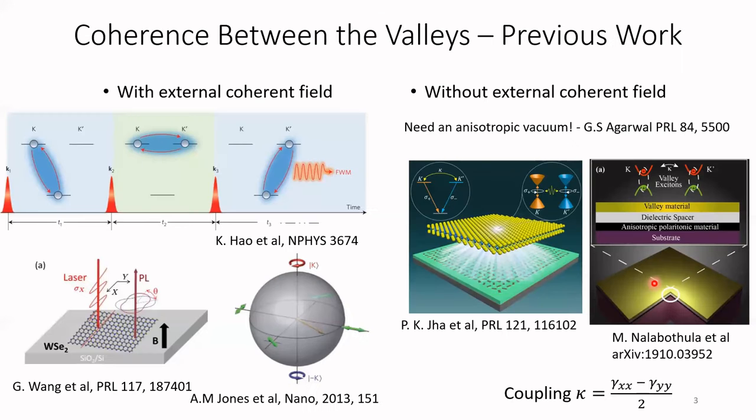So now the main focus: controlling coherence without an external coherent field is a relatively new direction to explore, at least for TMDCs. And it's only been explored for monolayer TMDCs, so just a single layer of the transition metal dichalcogenide, and excitons that are right and left circularly polarized in the plane of the TMDC.